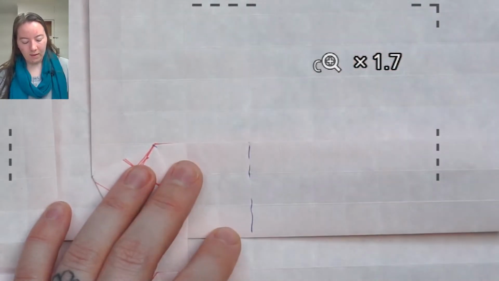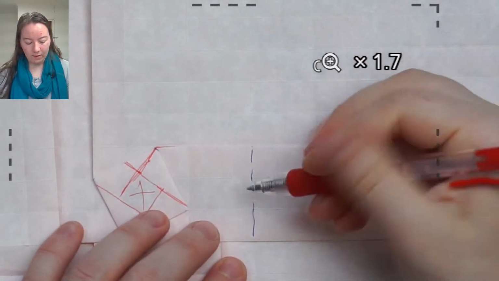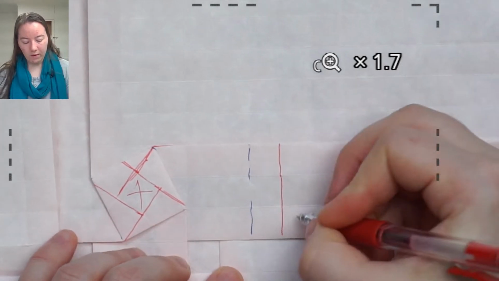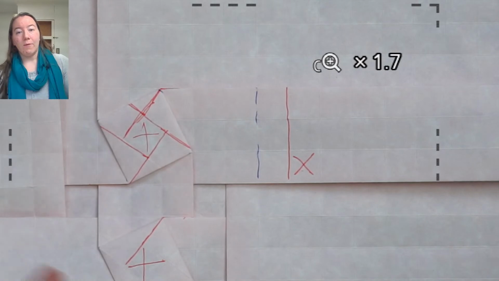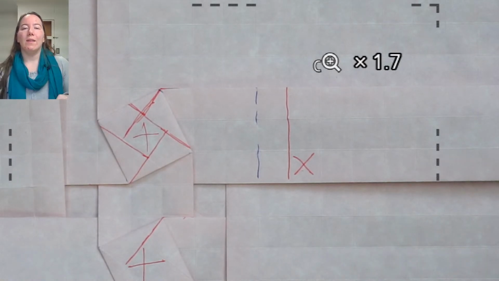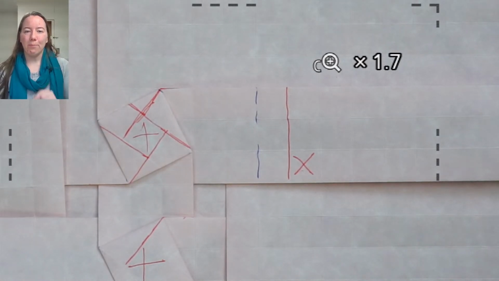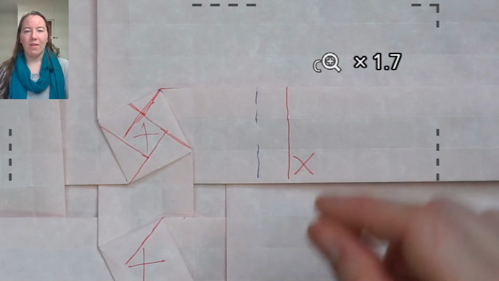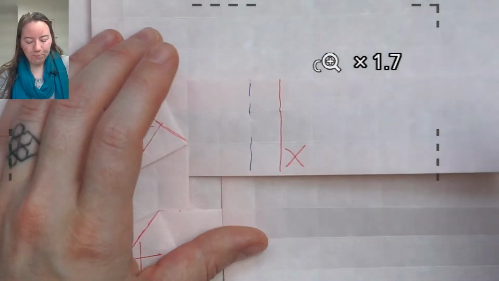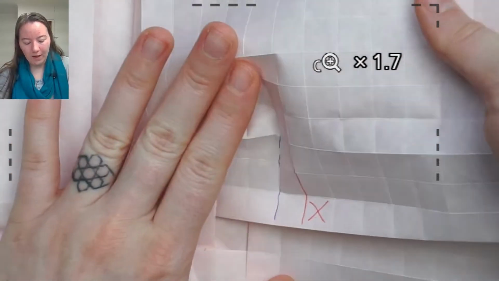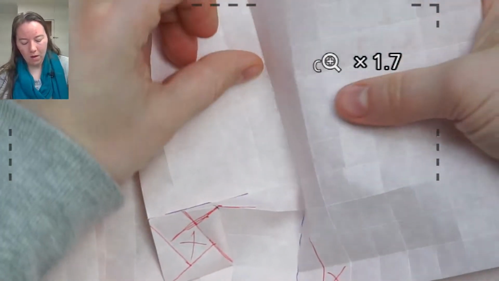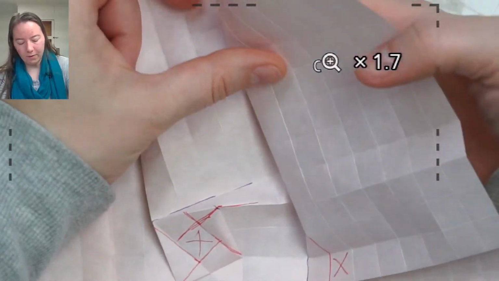We've got that same valley, same mountain, same target square. And if it doesn't look familiar, go back in the recording and see exactly that this is the same. And once again, we're going to reverse the pleat ordering on the pleat above.